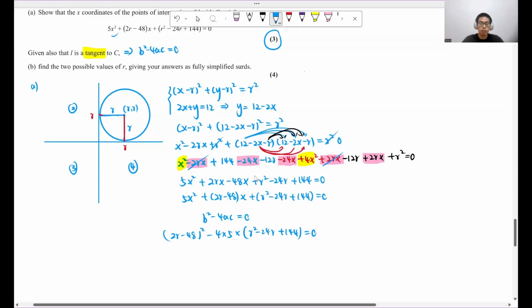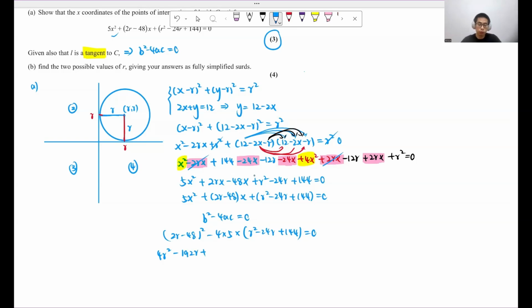Then expand the brackets. 2r all squared is 4r squared, then minus 2 times 2 times 48, which is 192r, plus 48 squared, which is 2304. Then 4 times 5 is 20, so minus 20r squared. Negative 20 times negative 24r is positive 480r, and minus 20 times 144 is negative 2880, equal to 0.